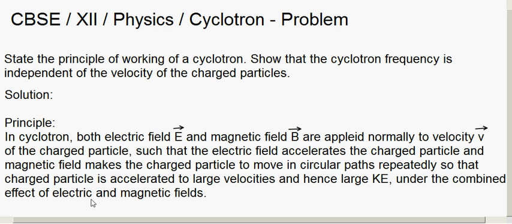So in short, in a cyclotron the electric field is used to accelerate the charged particle and magnetic field B is used to make the particle move in a circular or semicircular path.